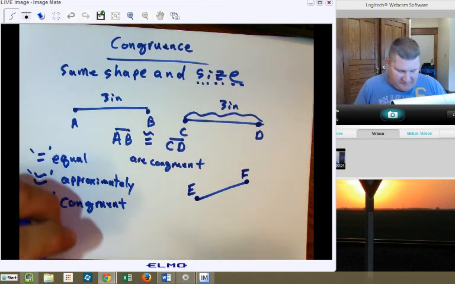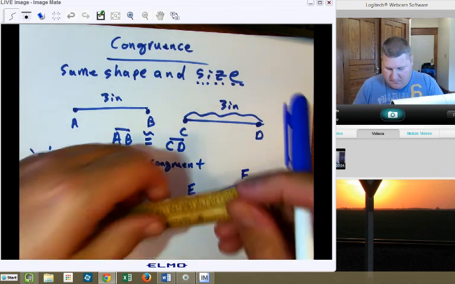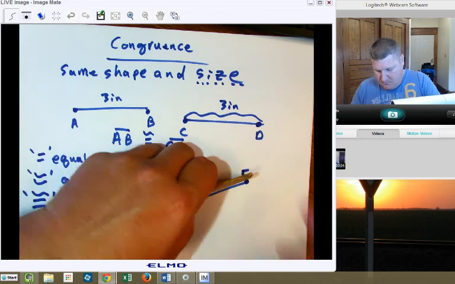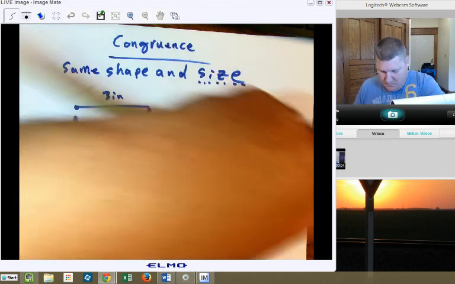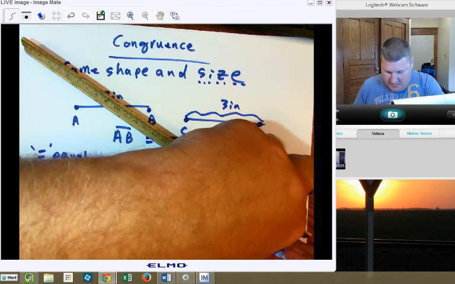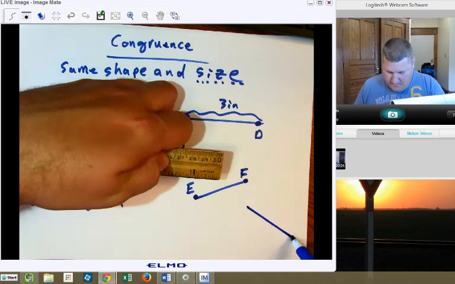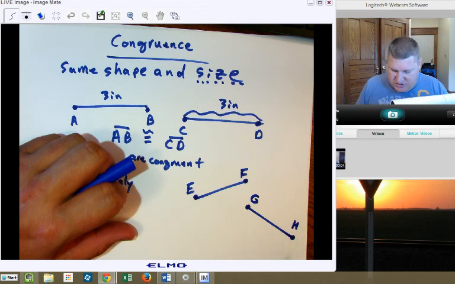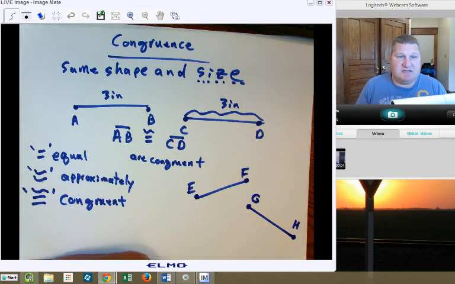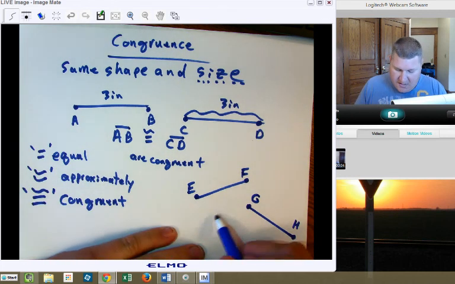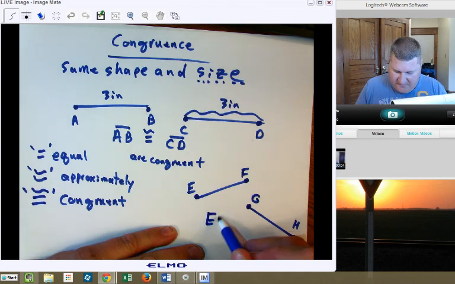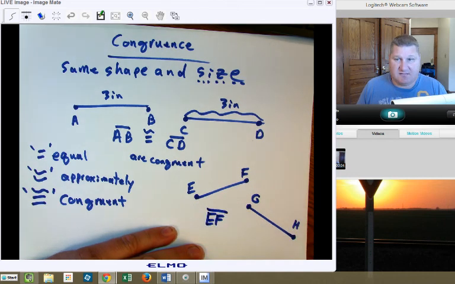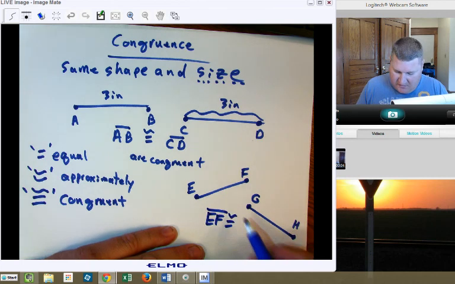And I have something over here, we're going to call it GH. These would be additionally congruent because I made sure that they were exactly the same length. So I would say EF, and don't forget your segment mark above it, is congruent to GH. Don't forget your segment mark.